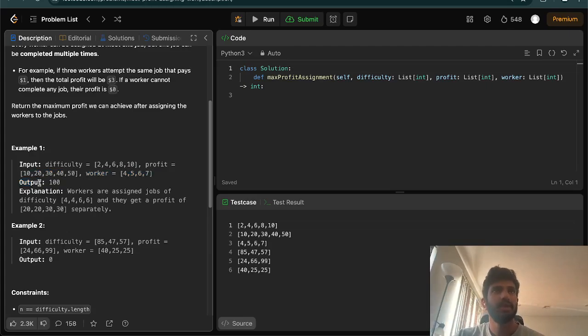Now that I'm saying it out loud, I realize we only need the maximum profit that a certain worker can take, so we don't need to store anything which is lower than the maximum. So we don't need a heap.